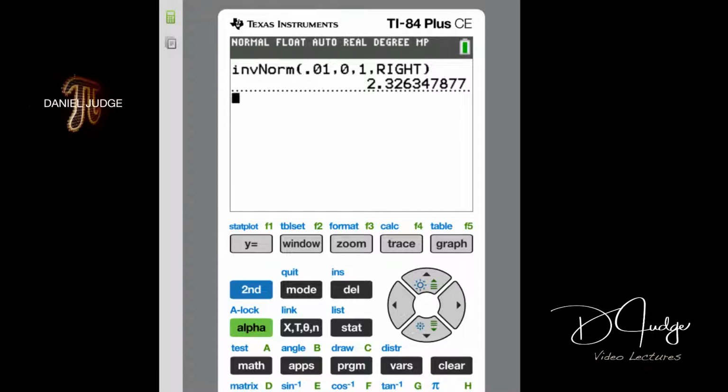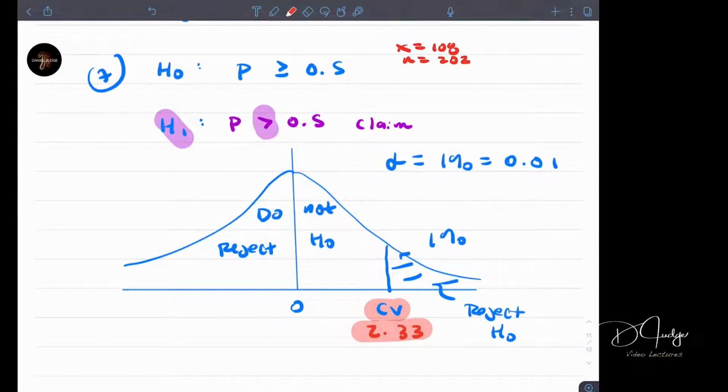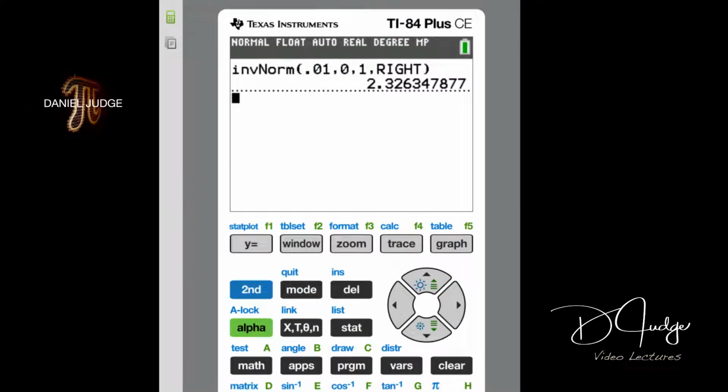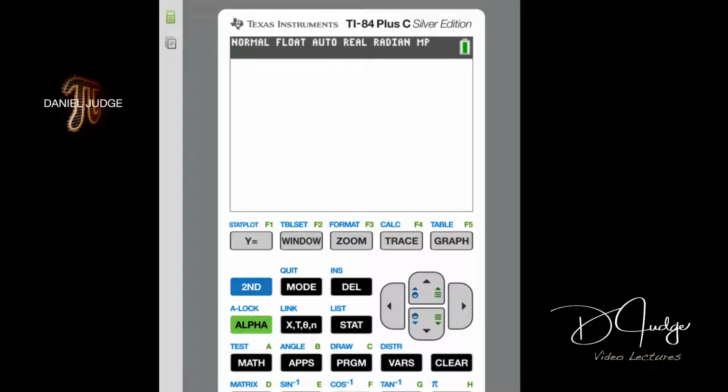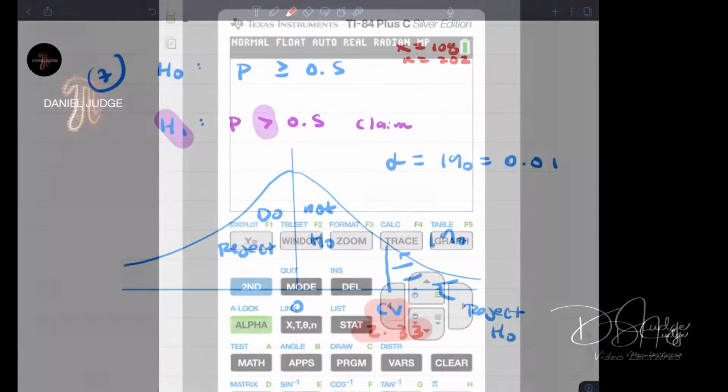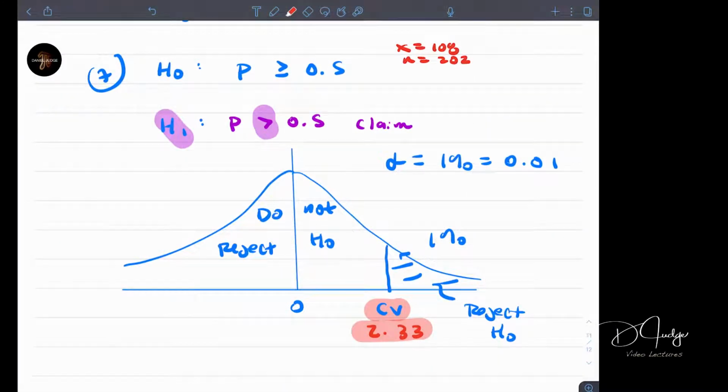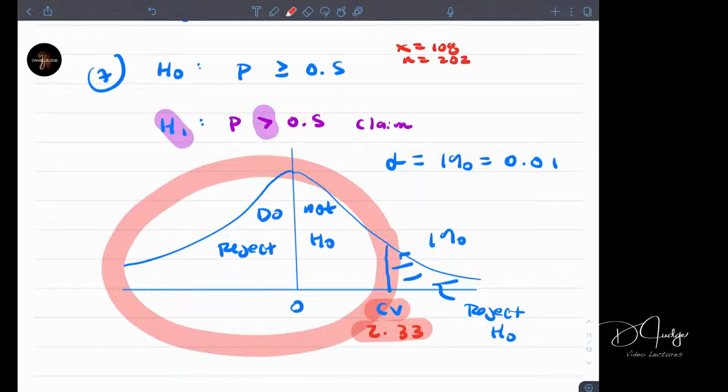All right. Now, let's go to the TI here, right, where this is our critical value, 2.33. Let's use the default. Now, remember the default here, area to the left of the critical value. So if 1% is in the right tail, to the left of the right tail is the complement. This is 99%.